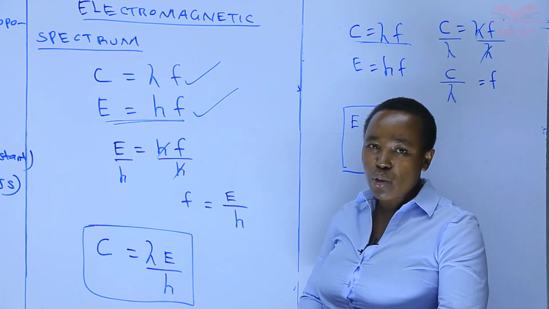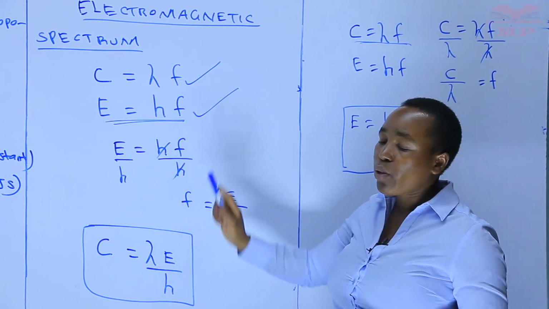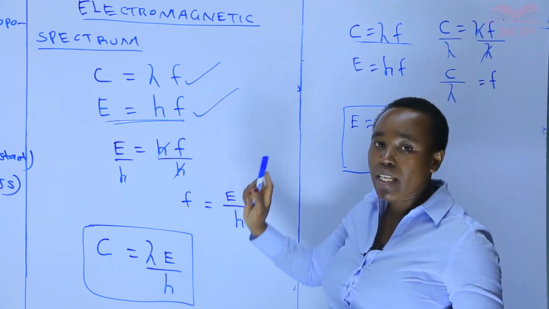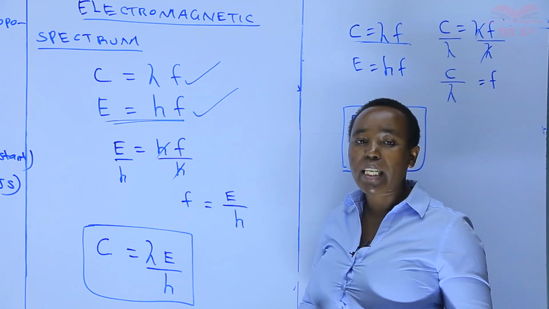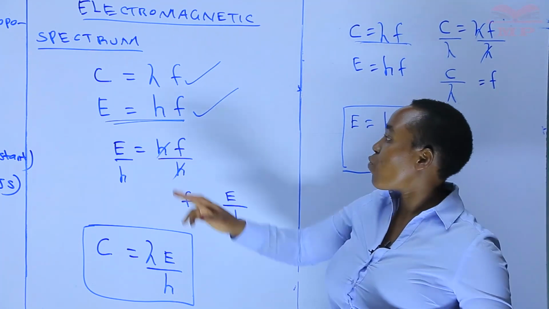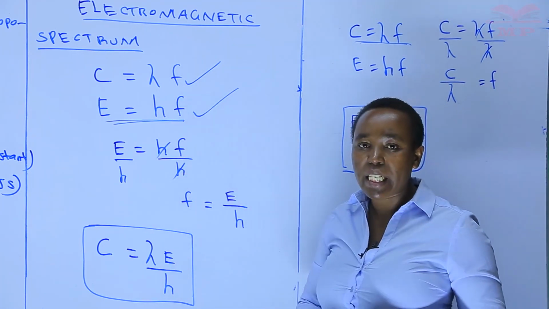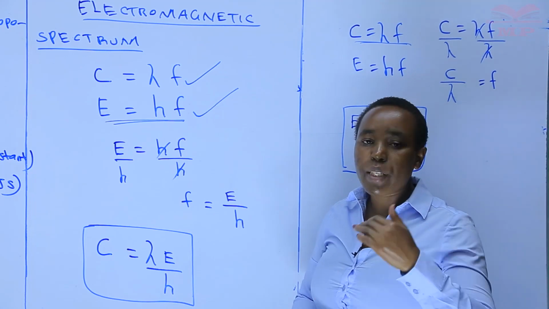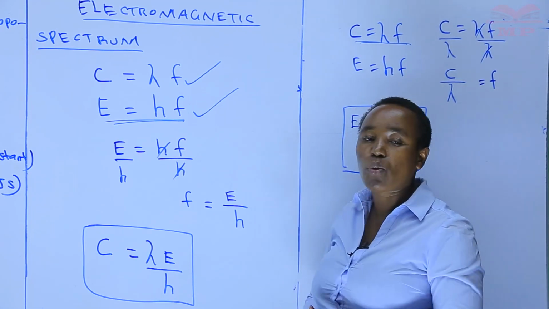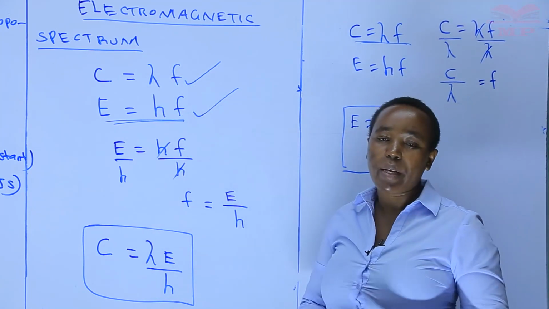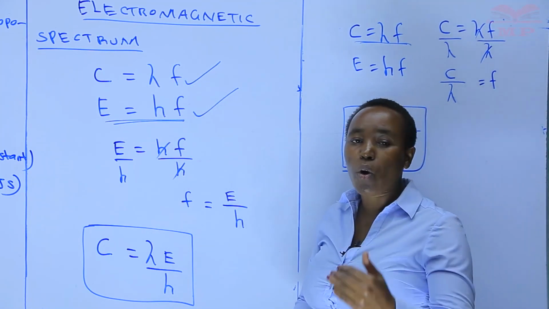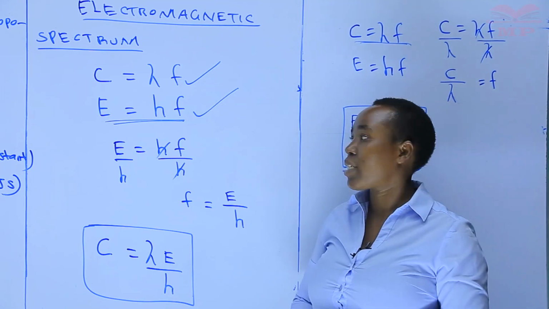Always ensure when you are doing any calculations involving this that every quantity is in its SI unit. If, for example, you are given frequency in megahertz, always first convert it into hertz. If you are given the wavelength in kilometers, always convert it into meters.